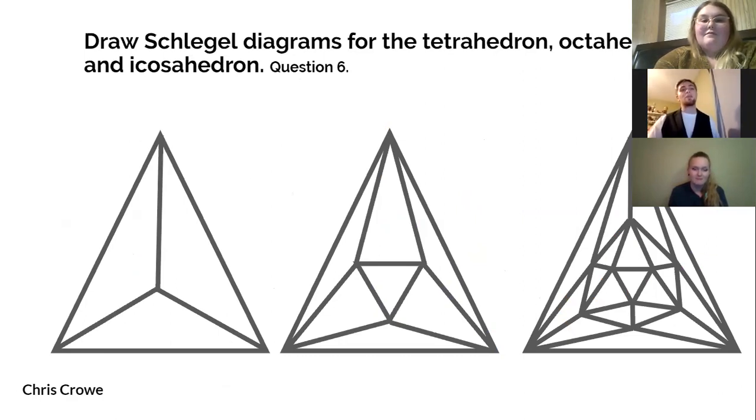The first figure has 3 obvious faces, like a pyramid: 1, 2, 3. But tetra means 4, so where's the final face? It's the one underneath the entire figure, the bottom of the figure. For reference, this is question 6, module 2.